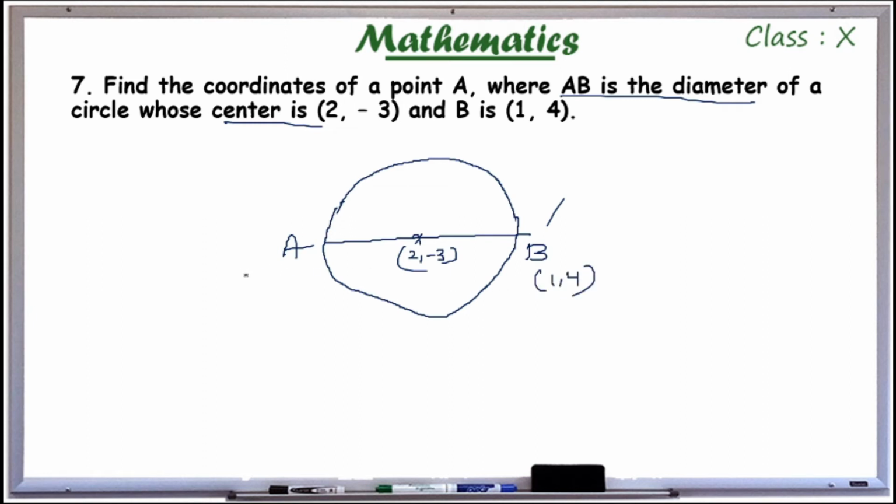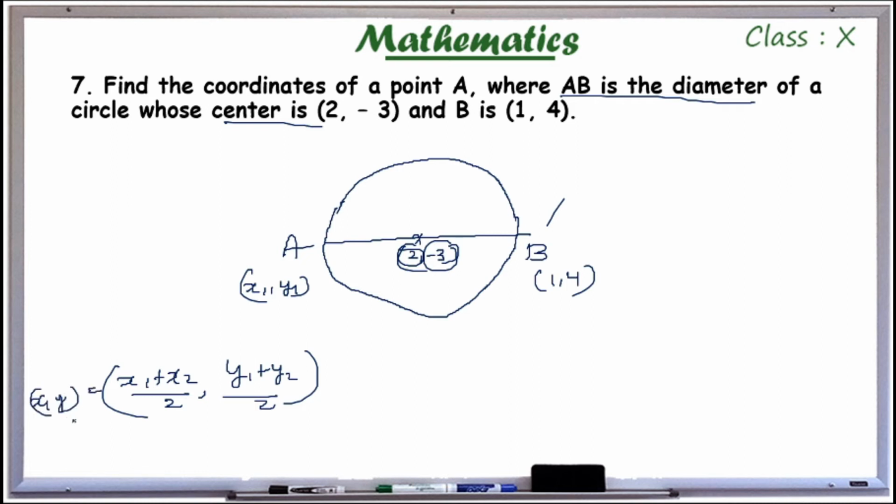So I have to find A coordinate, which is equal to (x1, y1). So we have the midpoint formula (x1 plus x2) by 2, comma, (y1 plus y2) by 2. (x1 plus x2) by 2 is the center coordinate 2 and (y1 plus y2) by 2 is minus 3.